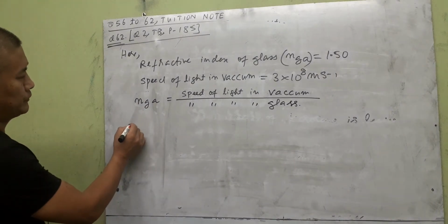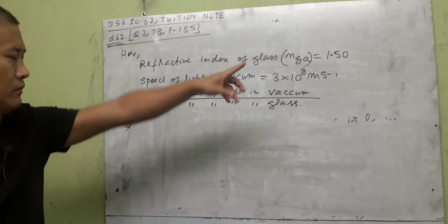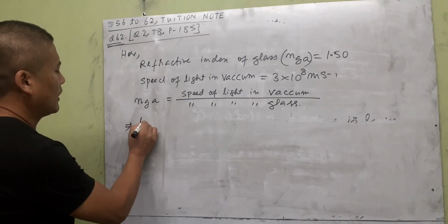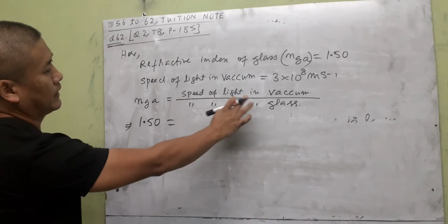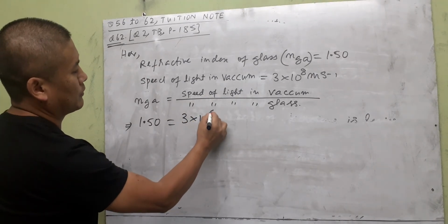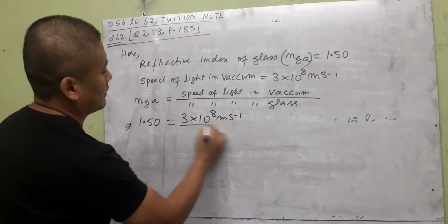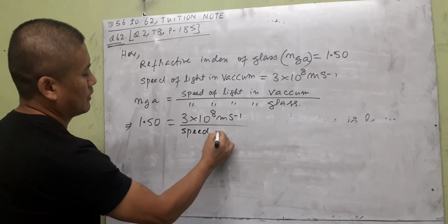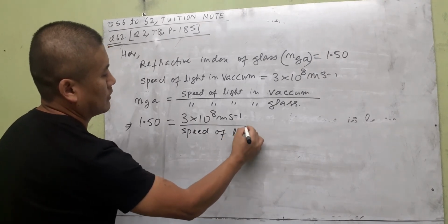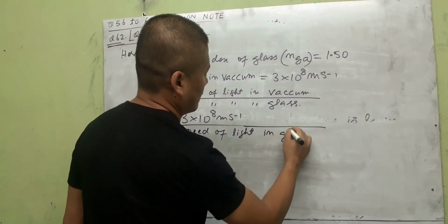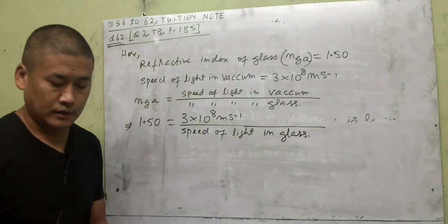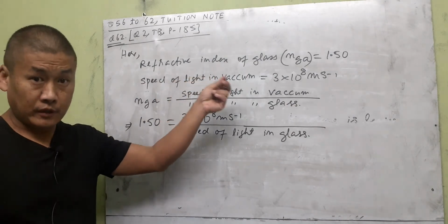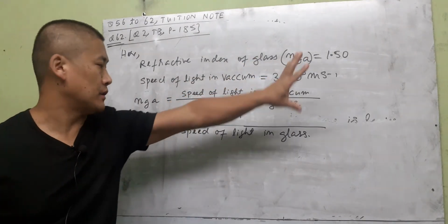So 1.50 is equal to 3 into 10 to the power 8 meter per second divided by the speed of light in glass. We don't know that one, we're going to calculate the speed of light in glass. Since the light ray is entering from air to glass, the refractive index will be that of the second medium, which is glass. So that's why we wrote G first here.